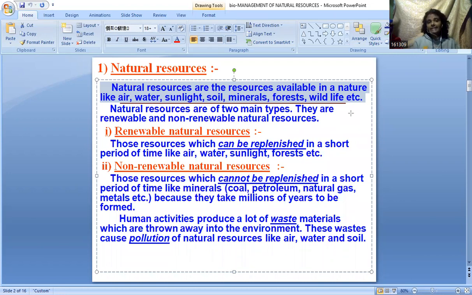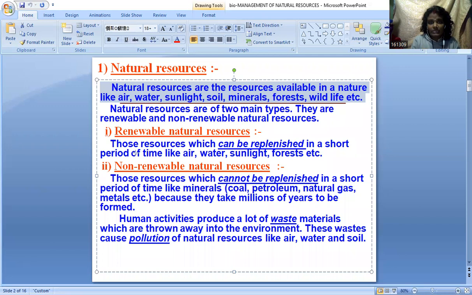So next is the types of natural resources. Can anyone tell me what are the two types of natural resources, as you can see here in this slide? Yes, first is renewable resources. So what are renewable resources?